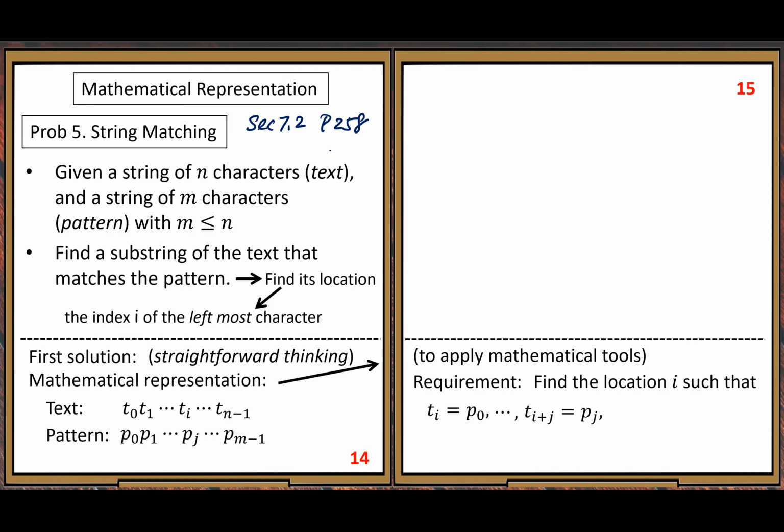So T sub i plus j equals P sub j, all the way to the last character, T sub i plus m minus 1 equals P sub m minus 1. See?